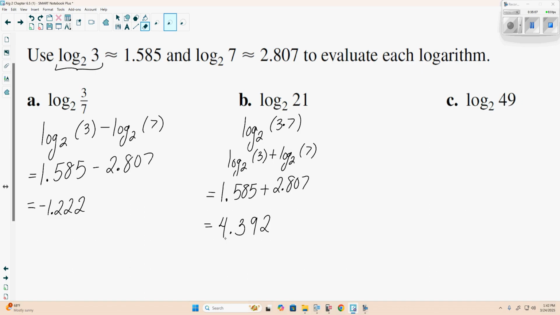Let's look at C, log base 2 of 49. Well, we can use 7 to get to 49, yes? It's going to be 7 squared, 7 times 7.